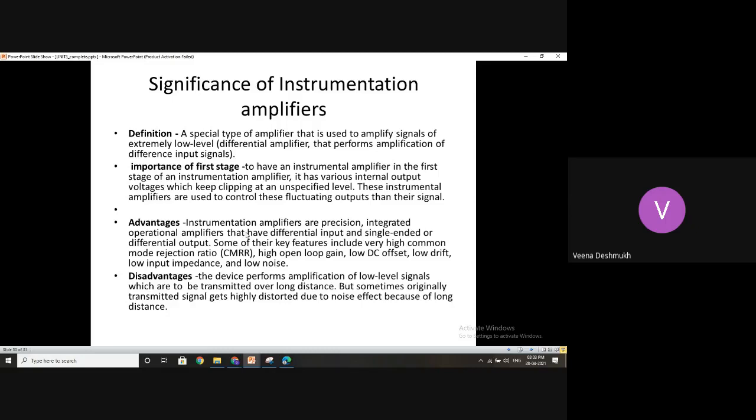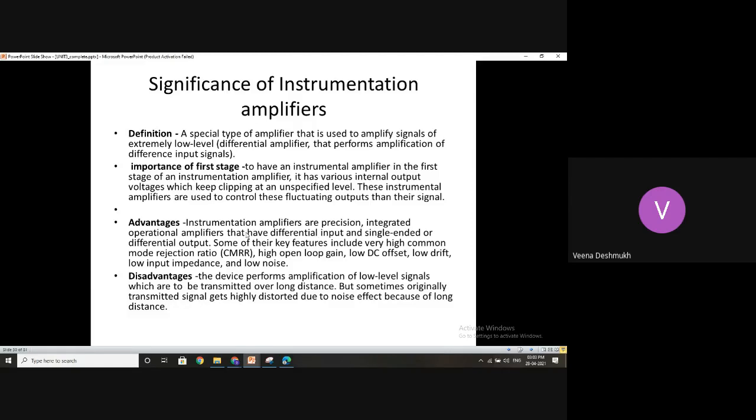All the stages need not be of differential type. What I mean by this is, you need not always connect both the inputs. One can be grounded with the proper resistance and only one terminal can be provided with the signal. So you can have multiple stages, and whichever stage is desired, you can go ahead with that.